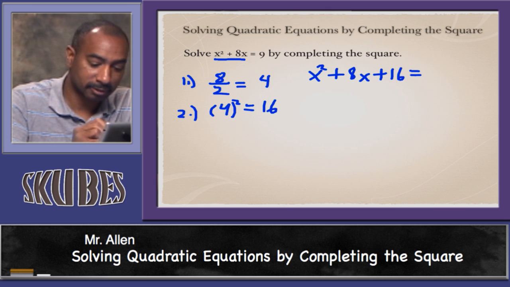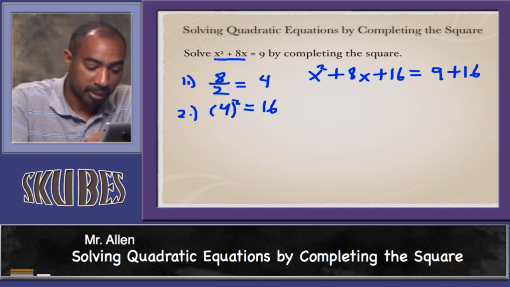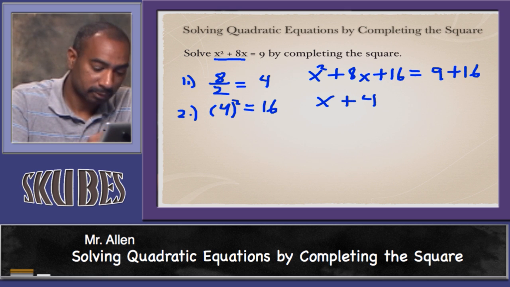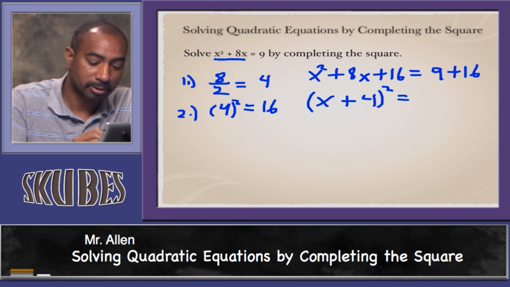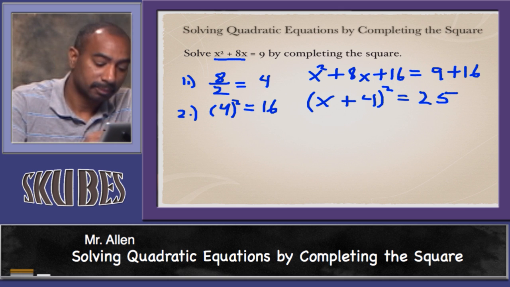But I have to add 16 to 9. I can write this as a square. I'm going to put x plus 4 squared. And 9 plus 16 will be 25. And now what you're going to do is take the square root of both sides.